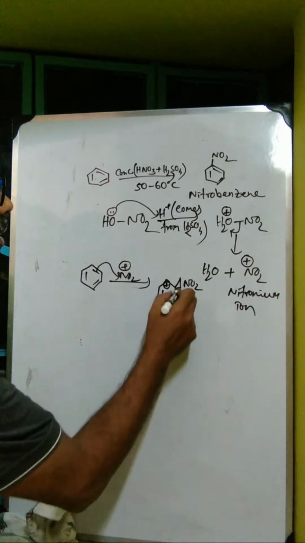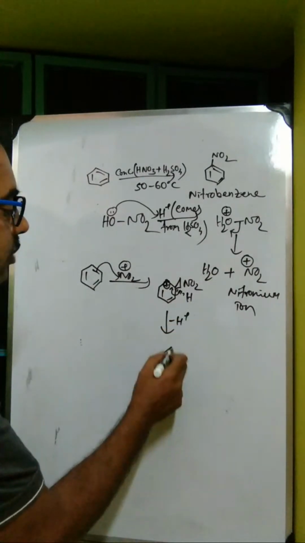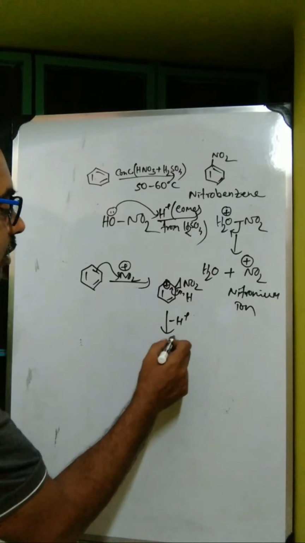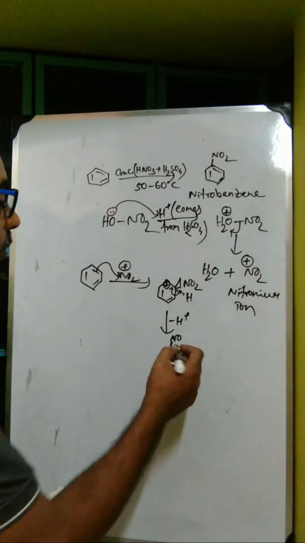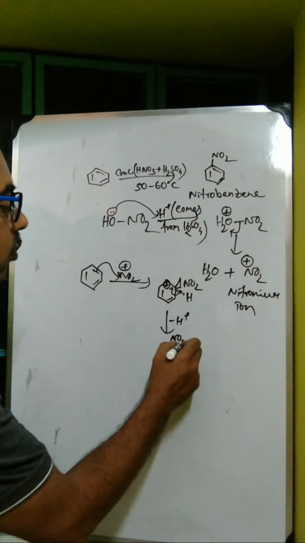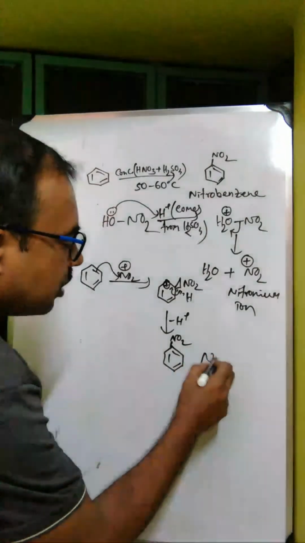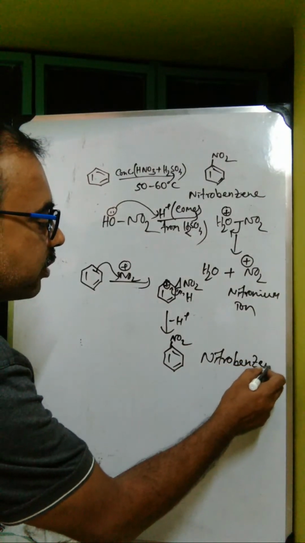Then hydrogen is released as H plus ion, and this nitro group is present instead of hydrogen. All these 6 positions are equivalent, so we can place the NO2 group in any one of the positions. So this compound is formed, which is called nitrobenzene. Okay, so this is how the reaction occurs.